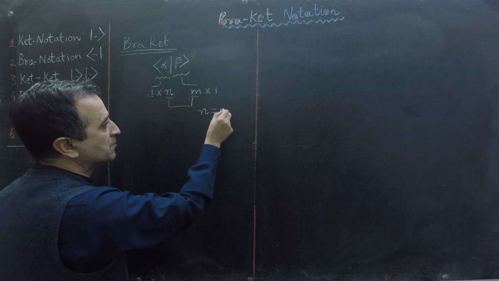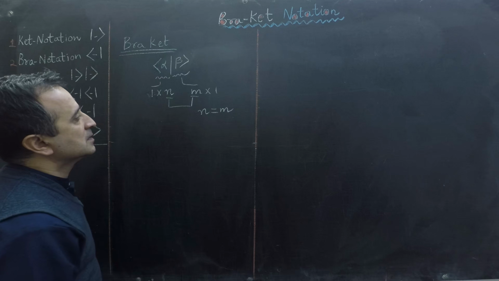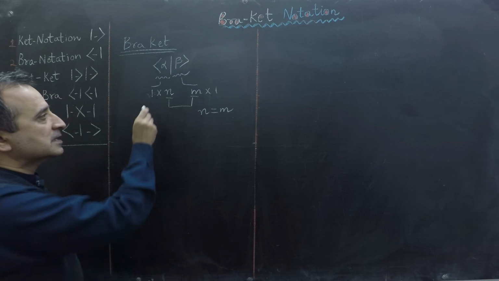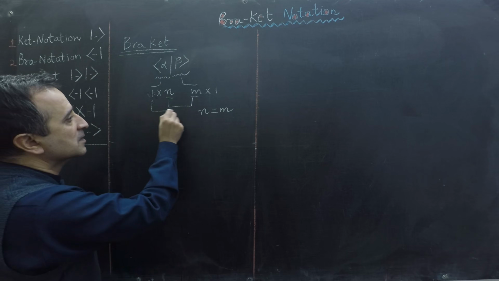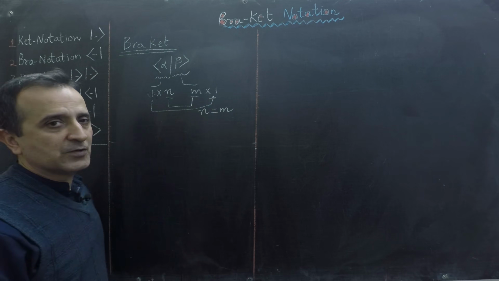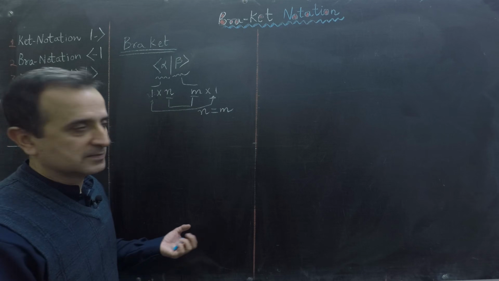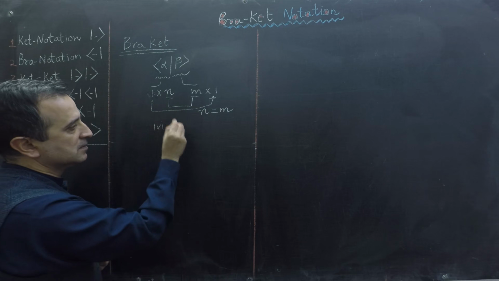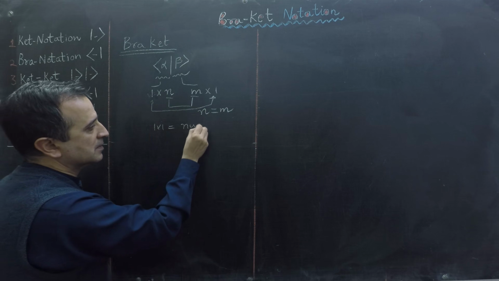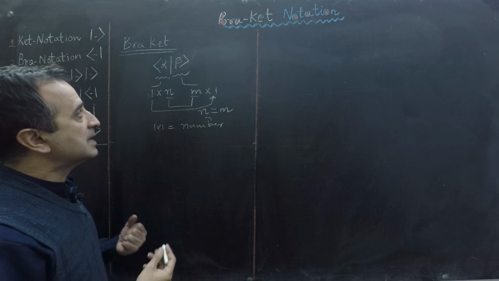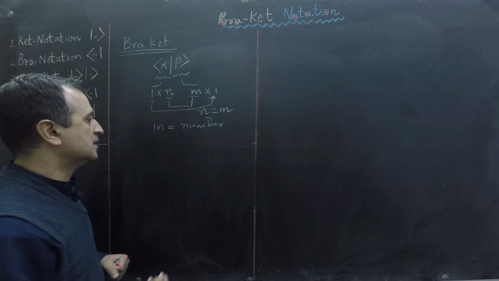Otherwise, we can't multiply them. And the result of this multiplication is a matrix of 1 by 1 dimension, which we simply call a number. So our result is 1 by 1, which is a number. And this number is called the inner product of these two vectors.